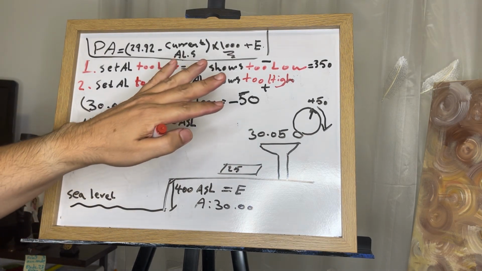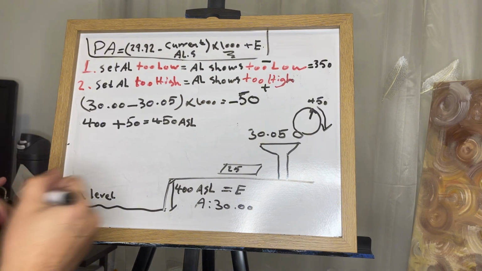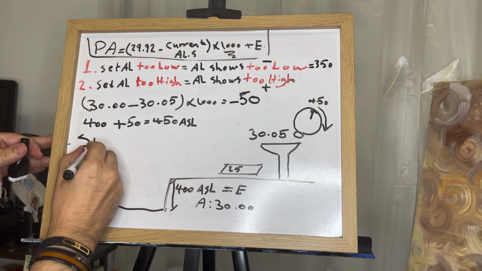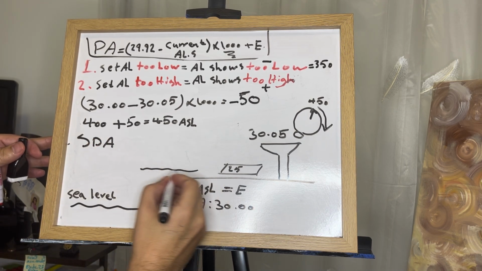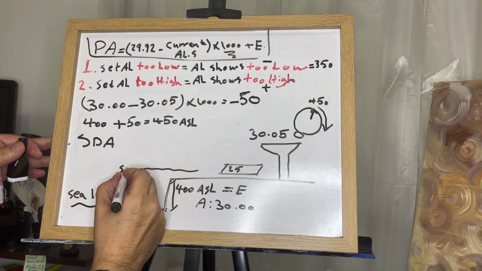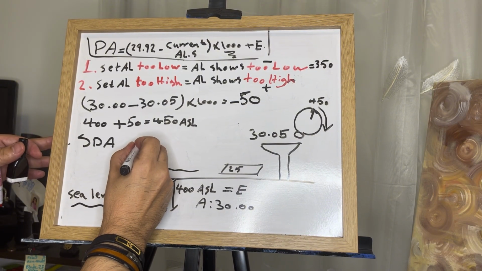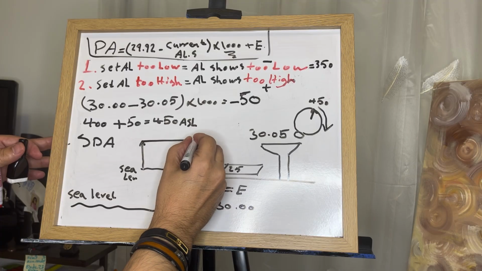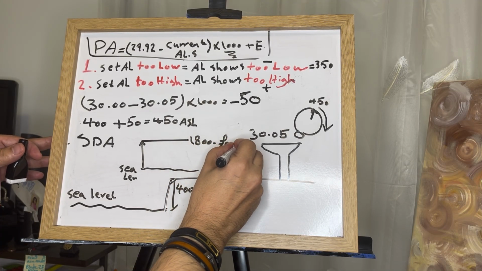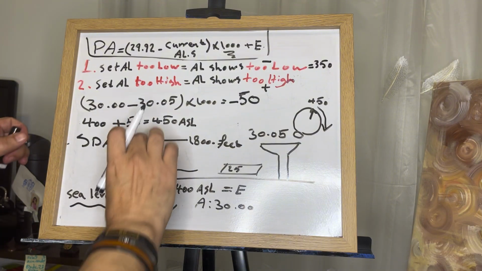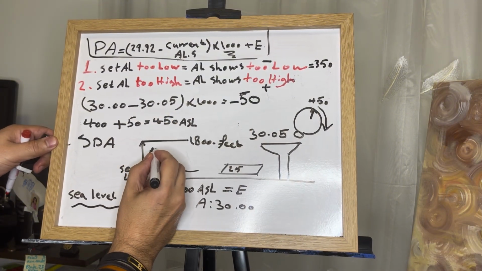So we remember, in Canada, in the southern domestic area, from the surface up to 18,000 feet above sea level, you should set the altimeter to the current altimeter setting.